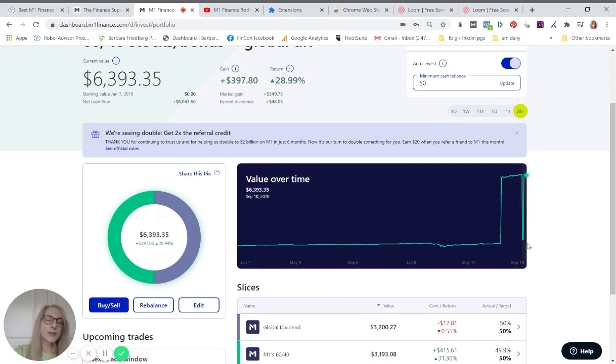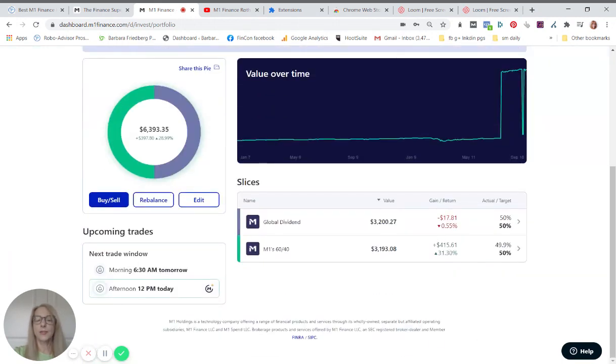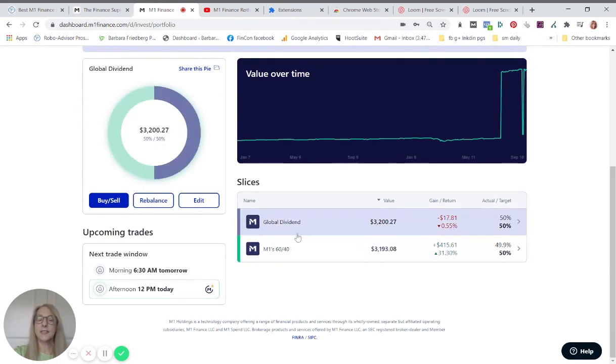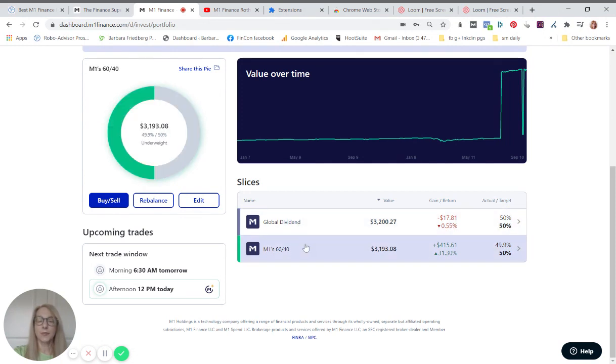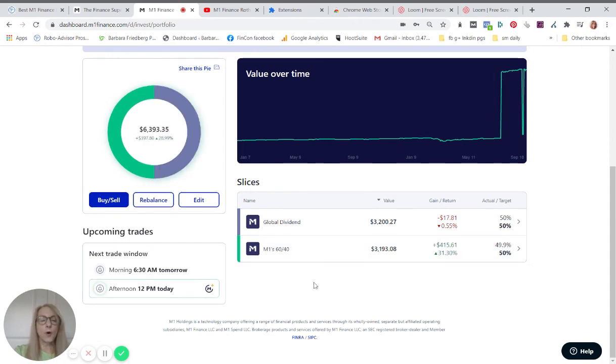Then I sold some of the shares when I went to create this 50% global dividend portfolio and 50% typical U.S. stock bond portfolio. So the goal is to find out, how do these two different investments perform over time?